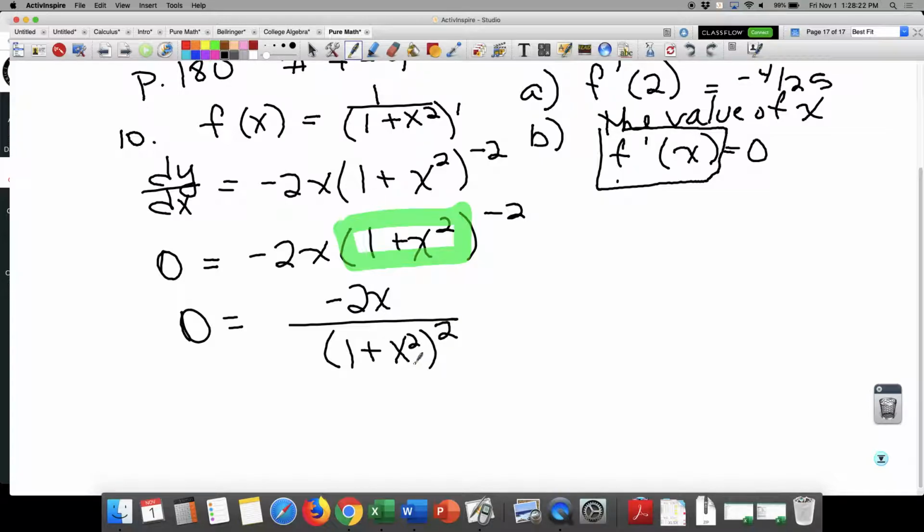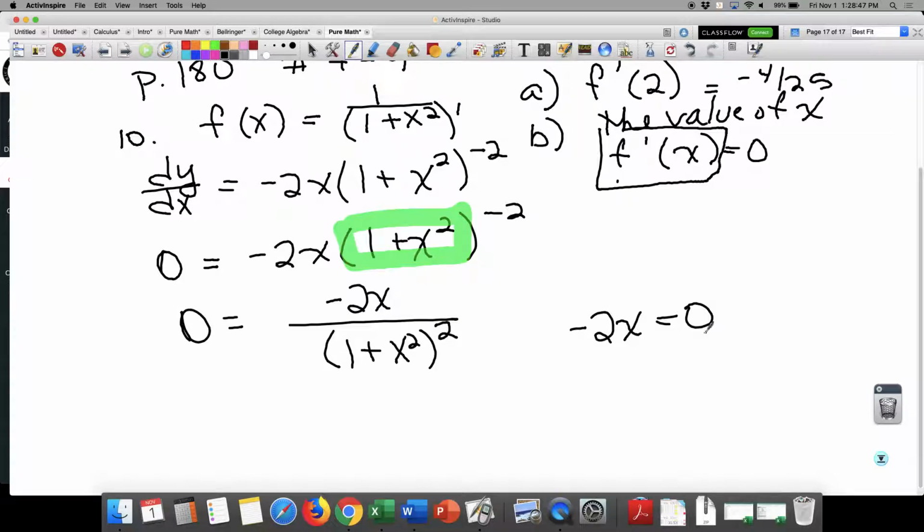So, how do you always and forever get rid of a denominator? Multiply. What happens when you multiply it by 0? It's 0. Now, what if they said this was 1? You multiply it by 1. Don't make the assumption that I just set the numerator equal to 0.